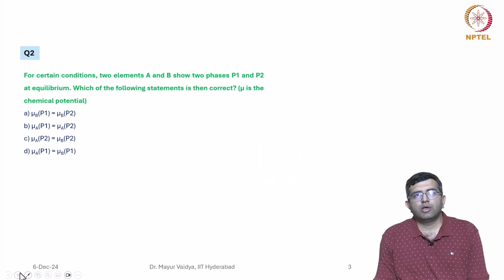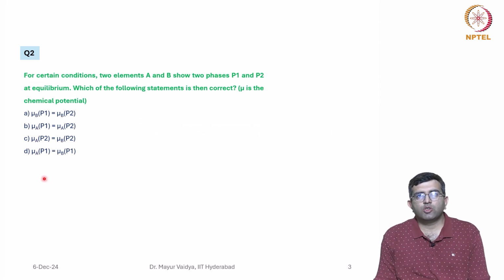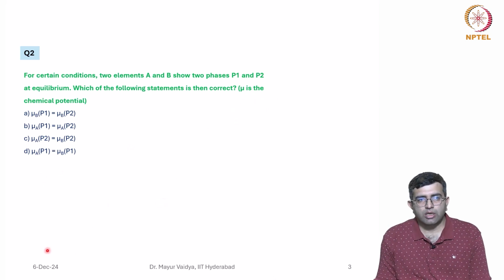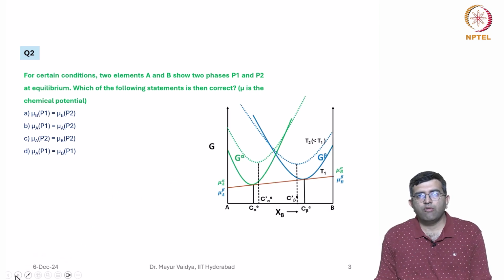Now, the second question: for certain conditions, two elements A and B show two phases P1 and P2 at equilibrium. Which of the following statements is then correct, where mu is the chemical potential? This you must recollect from the discussion in our lecture on the thermodynamic concepts, where I showed you this graph.